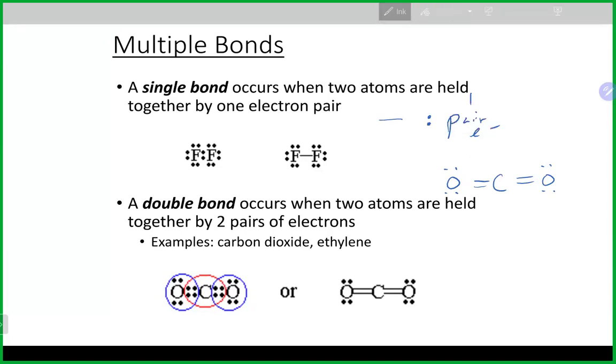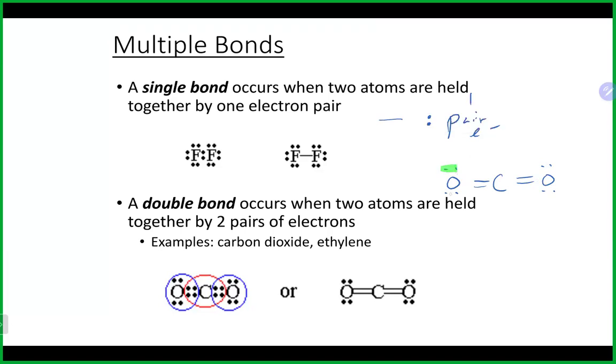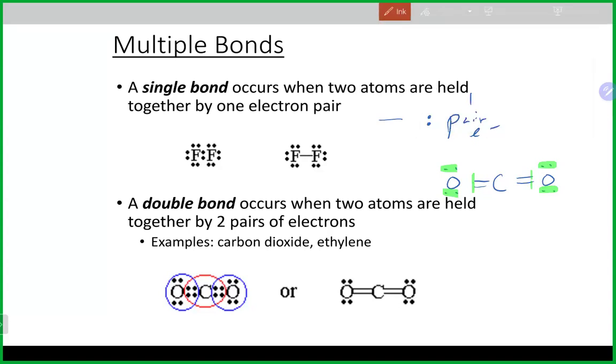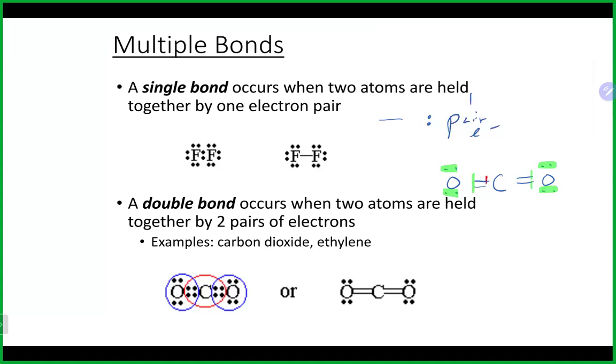Well, if we just highlight things, this oxygen has 2, 4, 6, and 8 through the double bond there. This oxygen on the right, 2, 4, 6, and 8 electrons. The carbon in the middle will also have 8. I'll use a different color maybe. 2, 4, 6, and 8 electrons.